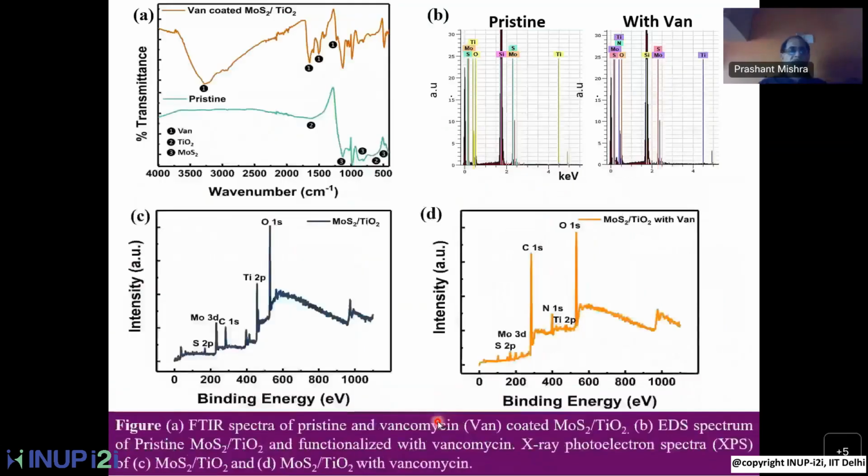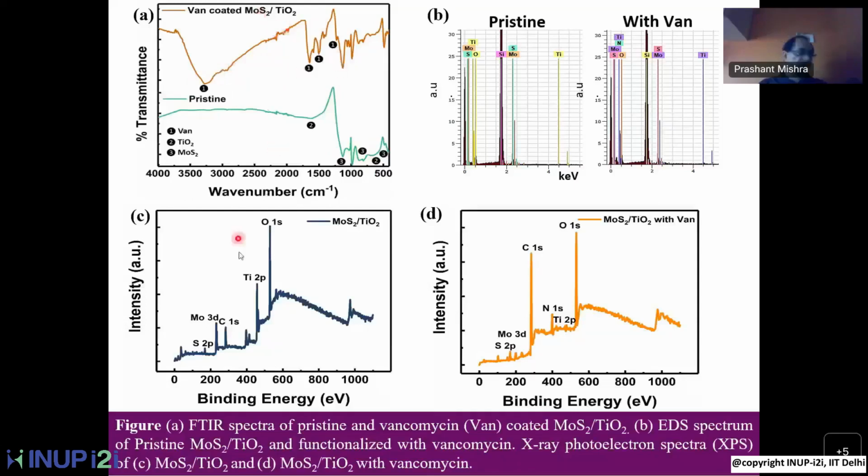Now, again, I'm showing you how one can characterize it using this particular IR spectrum. You get the wave number. You can characterize what is happening in the pristine sensing device, compared to the one where you have coated with MoS2 and TiO2.